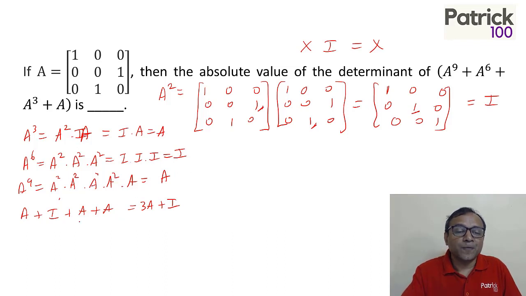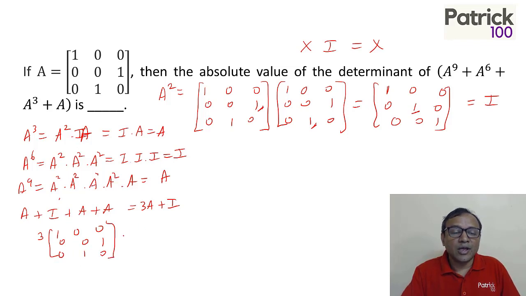Now what is 3A? 3A is nothing but 3 times [1 0 0; 0 0 1; 0 1 0], which if you multiply becomes [3 0 0; 0 0 3; 0 3 0].